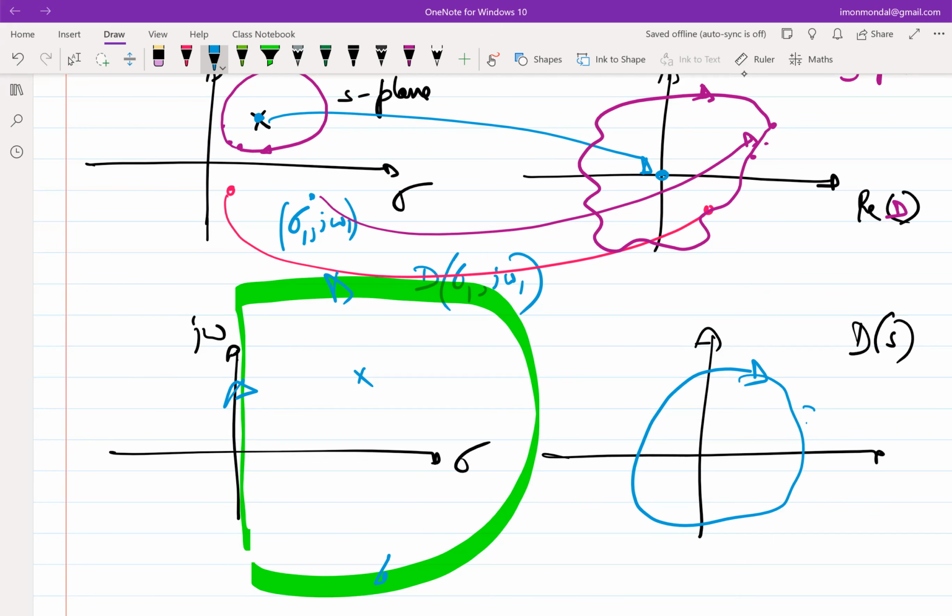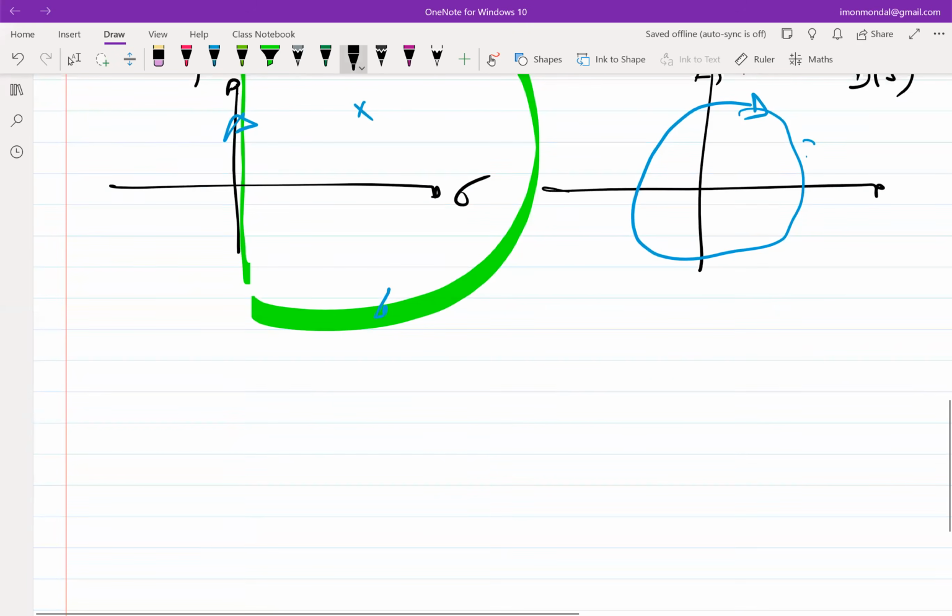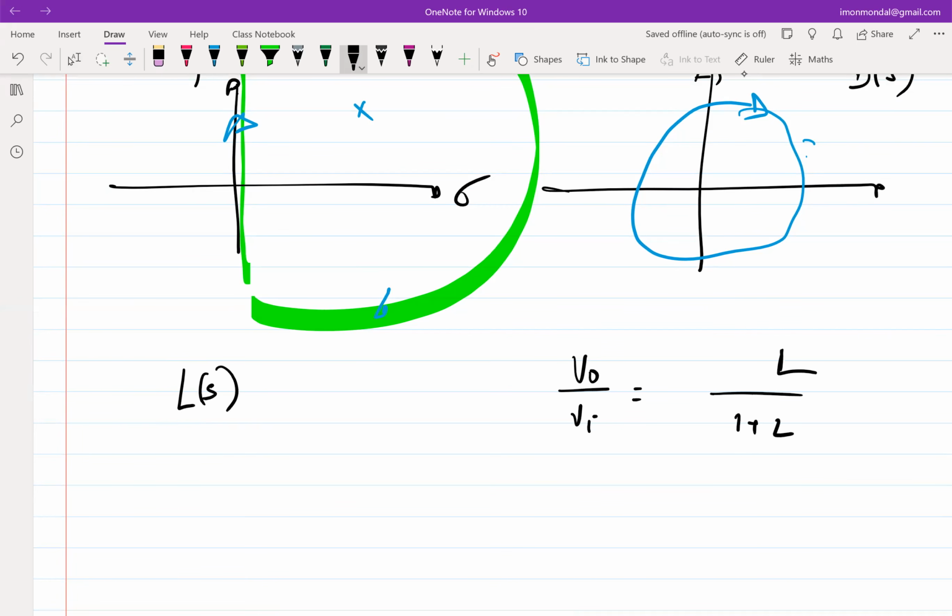Okay. So now what is the application of this? The application clearly is that we know everything about L of S, but we need to know something about V naught over Vi, which is of the form of L by 1 plus L. Right?